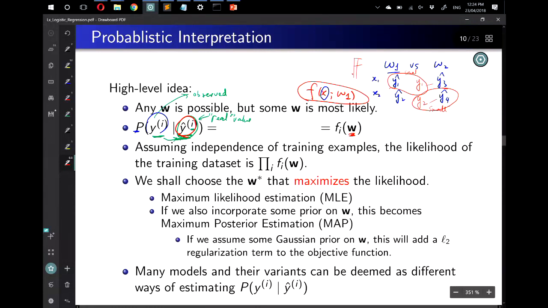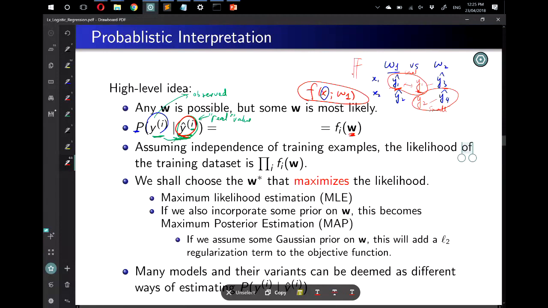So it's very possible that if you use W1, it estimates that the observation is more explainable at the first point, simply because the model says the real value should be this one, and the observed value is this one, and they only differ by a small amount. So in terms of probability, it's going to be more likely, right?